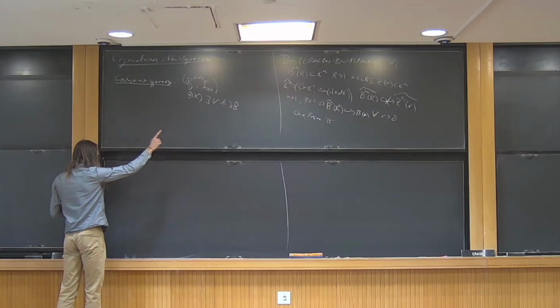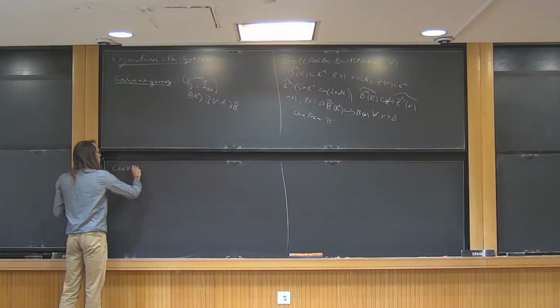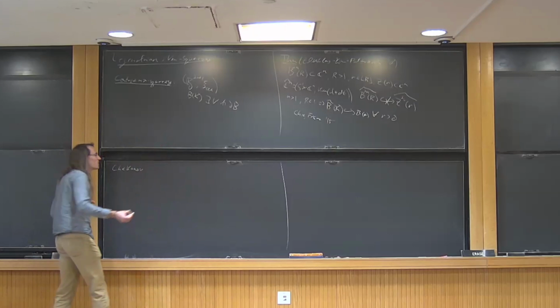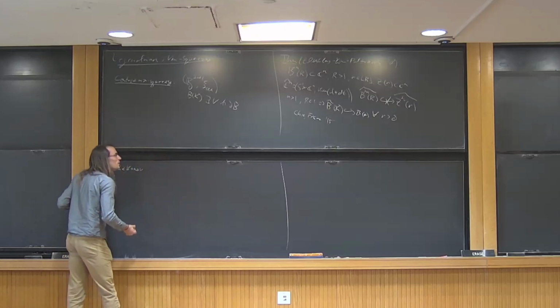So today I want to ask about this analog of a theorem of Chekanov from, okay, I don't actually know the year. I think it's in the early 2000s, maybe it's still the 90s.